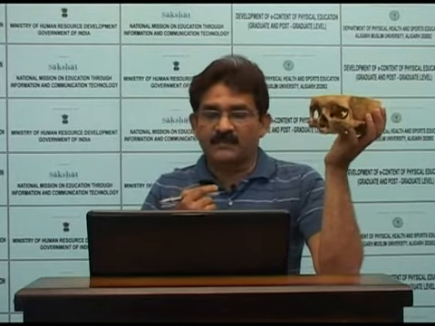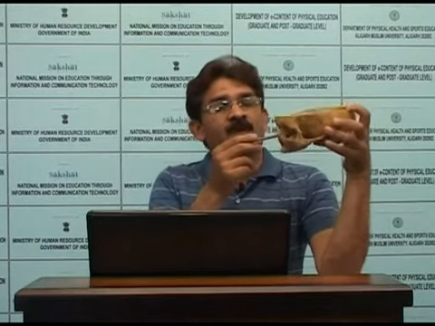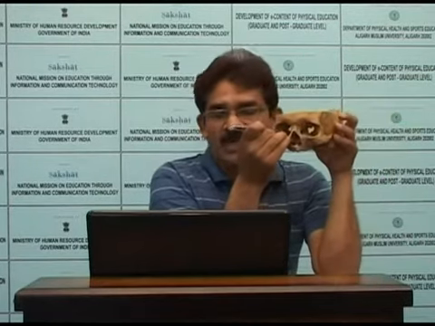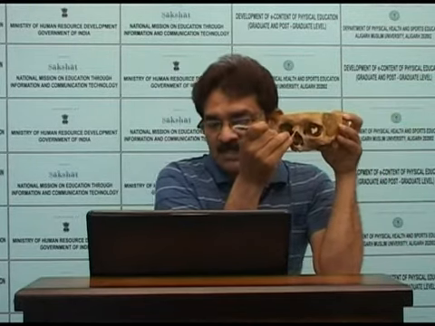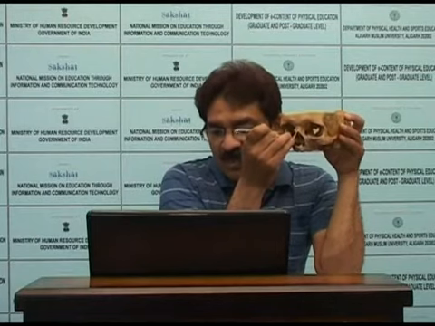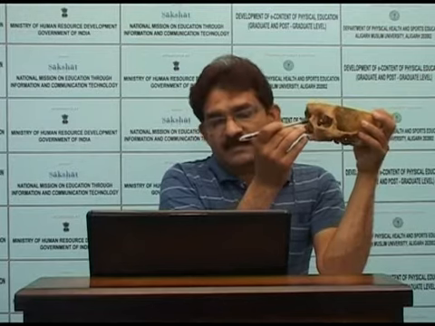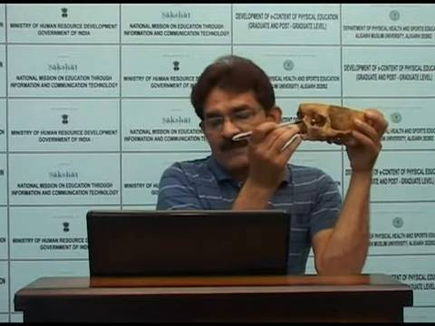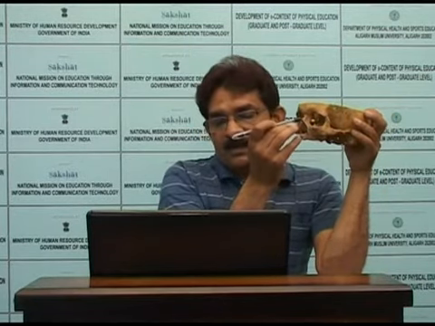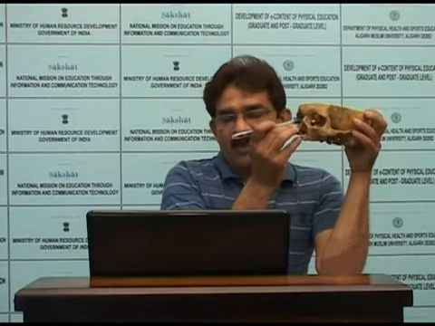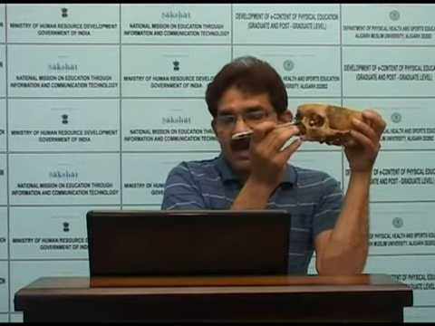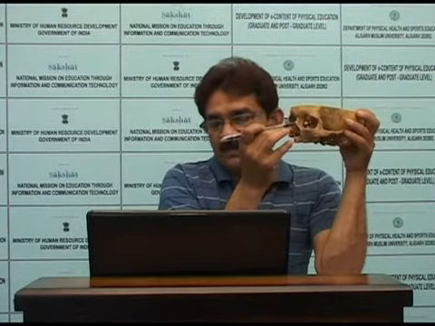In the orbital fossa, the lacrimal bone is situated. This is also irregular. This is the nose-type bone which makes the human nose, called the nasal bone.